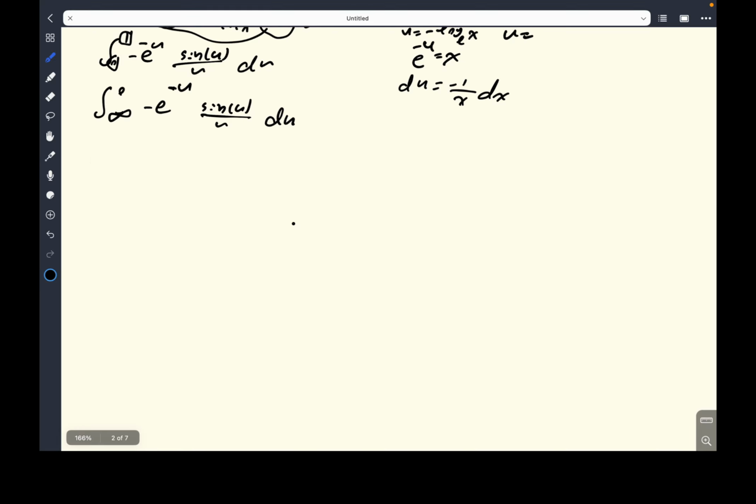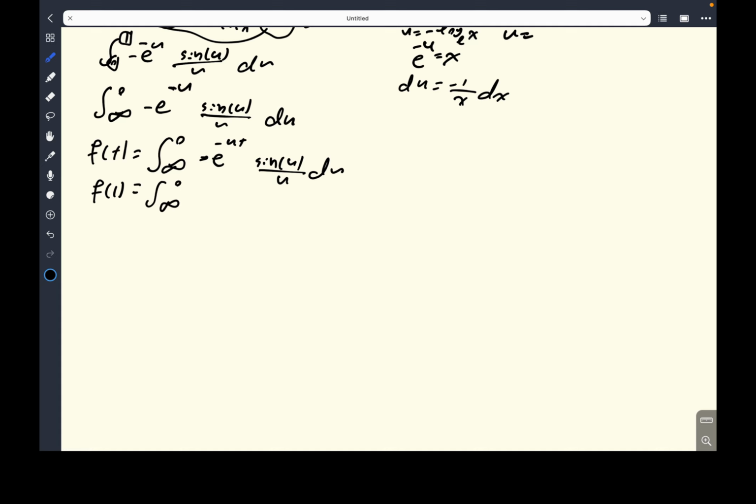Now, I can define f of t to be the integral from infinity to 0 of negative e to the negative ut sine of u over u du. And when I find f of 1, I actually found the integral that I was looking for.